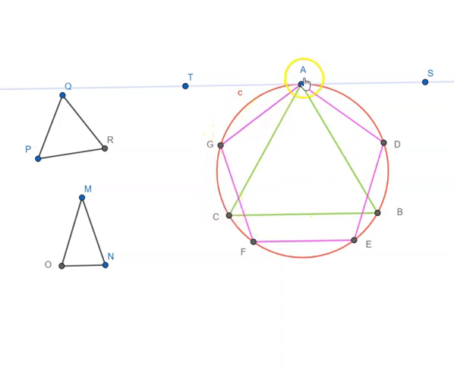So A to G, 3 segments. A to C, 5 segments. That means between G and C, 5 minus 3, 2 segments. So which means we can bisect GC and get 2 equal segments of the pentadecagon.